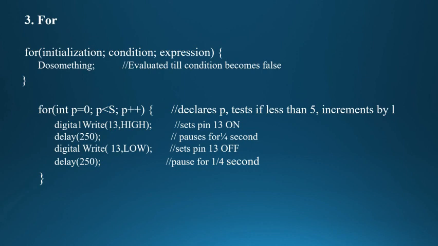The syntax is for (int p = 0; p < s; p++). Here s can be given a value of 5, which tests whether p is less than 5. Here p increments by 1.